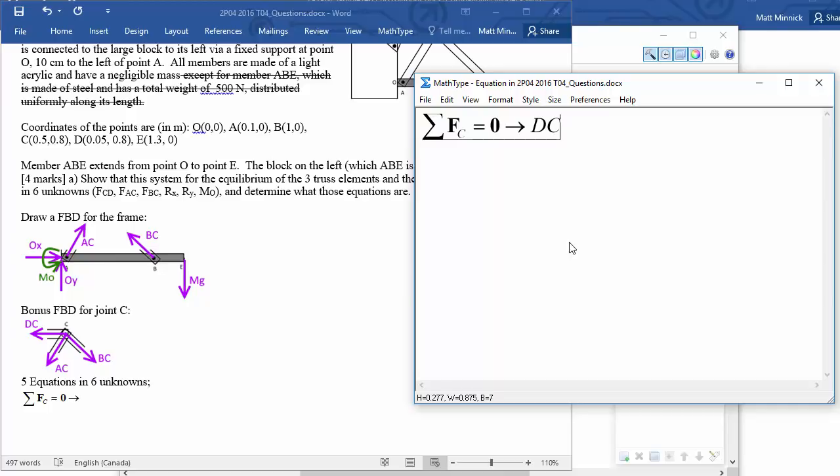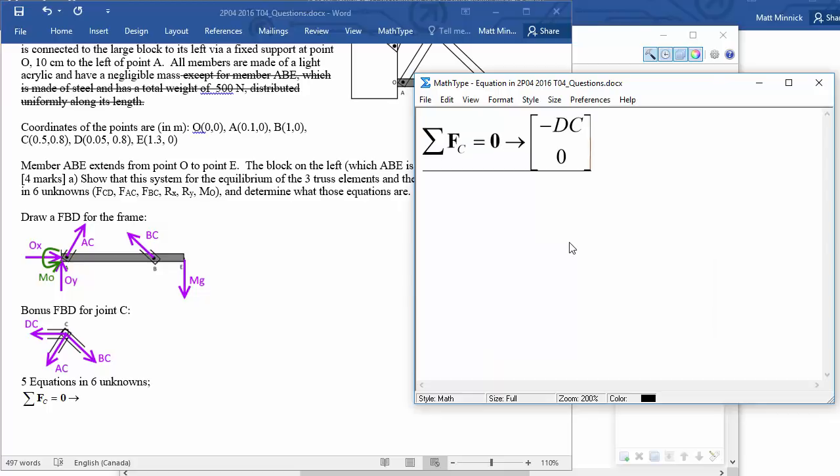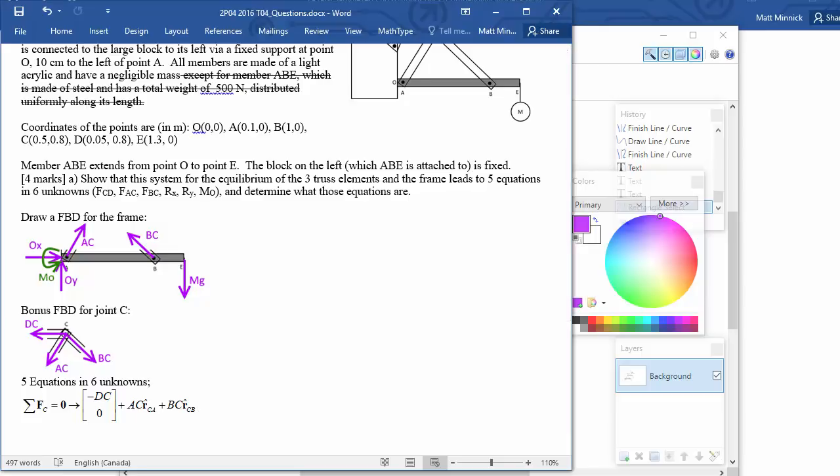So DC only going to the left, which we could say negative DC, 0, and then we've got plus AC times R hat from C to A, plus BC times R hat from C to B is equal to 0.